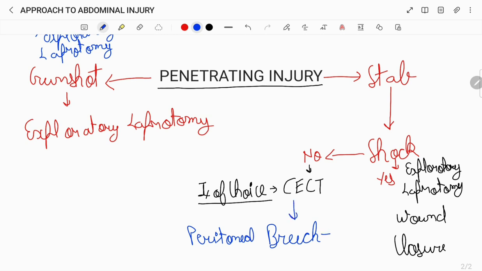If there is no peritoneal breach, then we simply go for wound closure. But if there is a peritoneal breach, then we go for exploratory laparotomy.